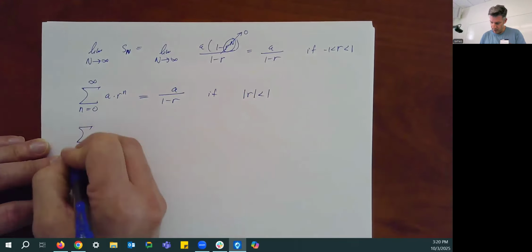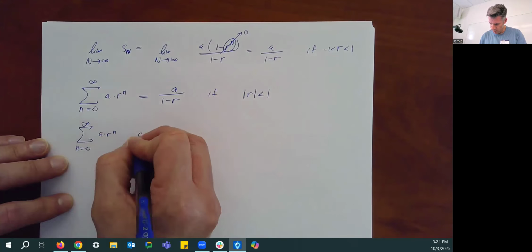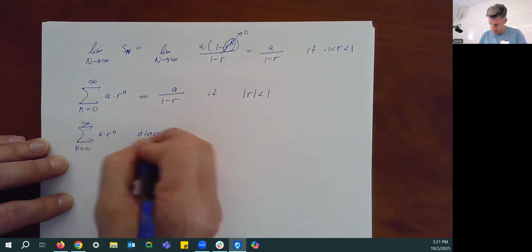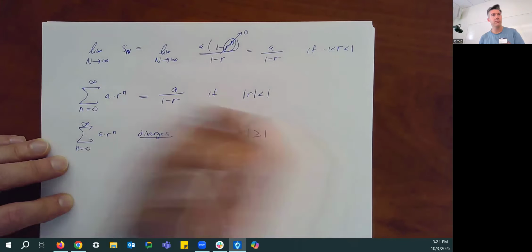And this series diverges if the absolute value of R is greater than or equal to 1.